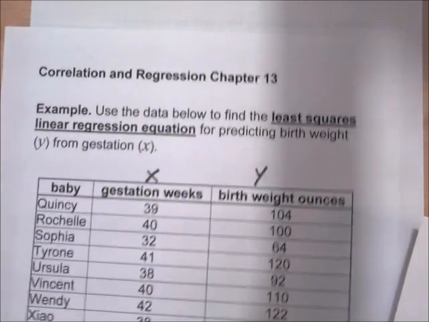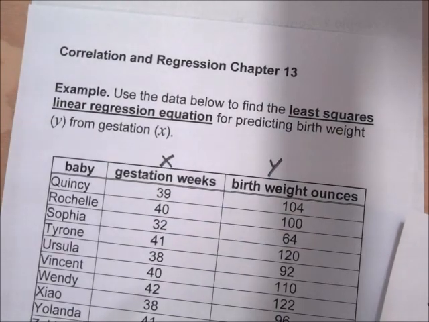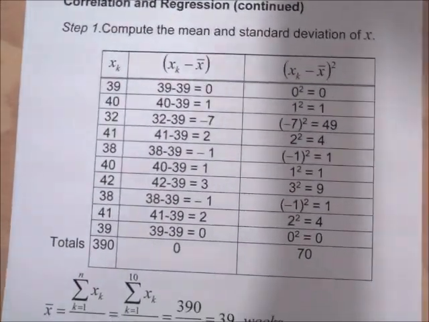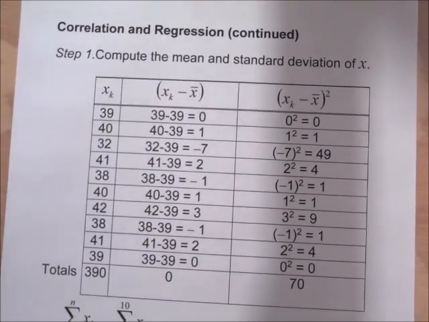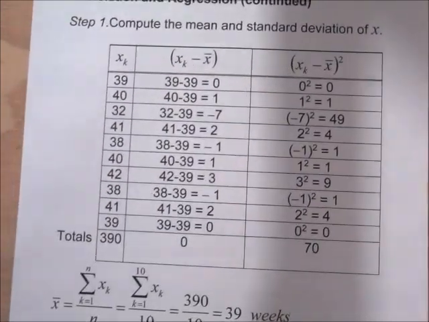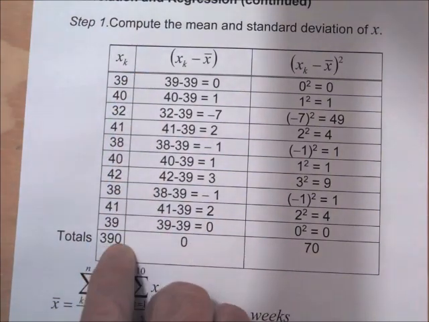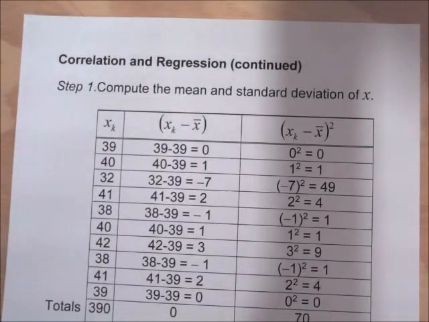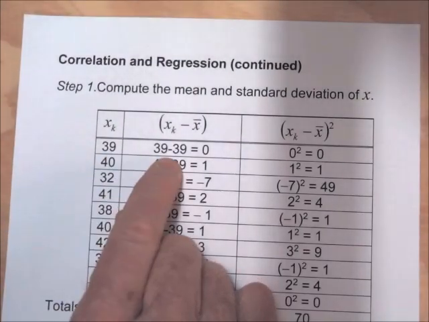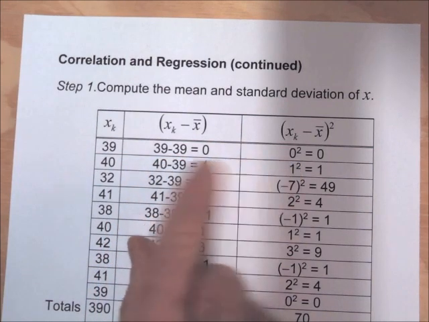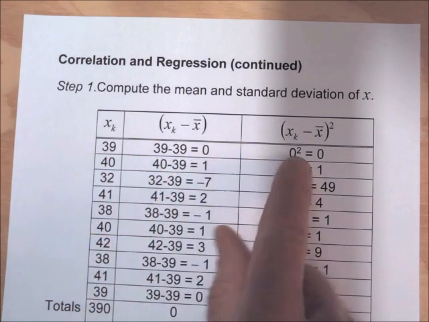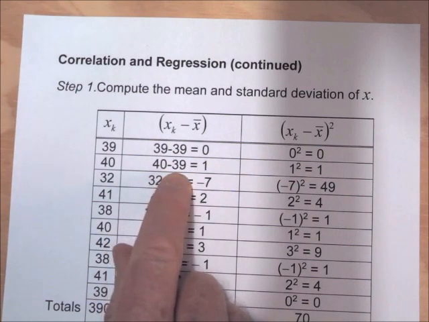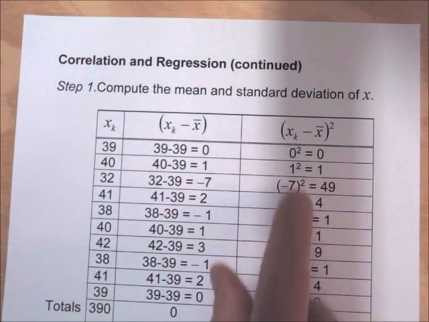So what we want to do is first compute the mean and standard deviation of each variable separately. This is what we were doing earlier in the course. If we add up all the X values, we get 390, divide by 10 babies, we get a mean of 39 weeks. And then we want each of these values minus the mean and square it. 39 minus 39 is 0, 0 squared is 0, 40 minus 39 is 1, 1 squared is 1, and so forth.